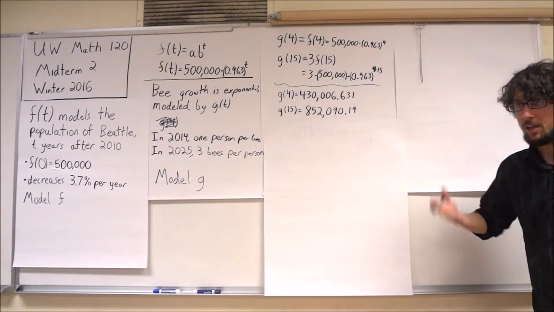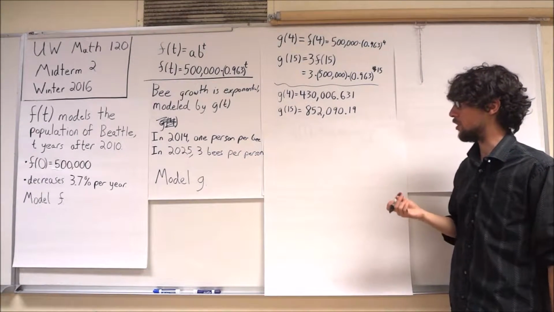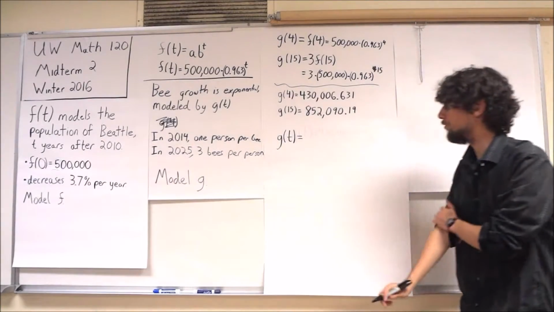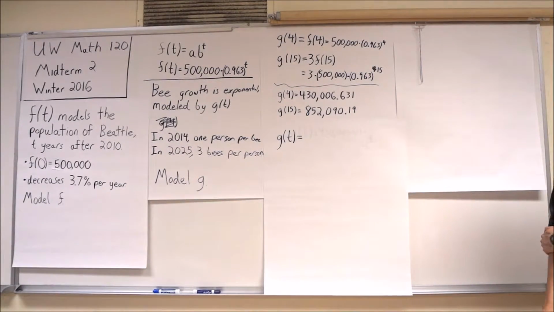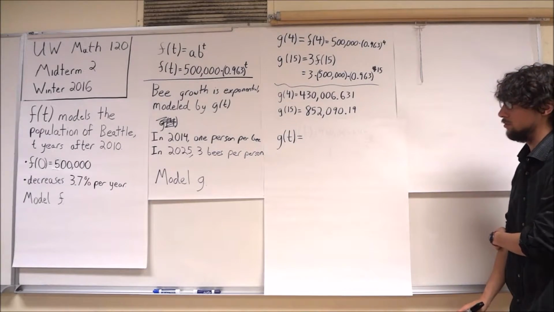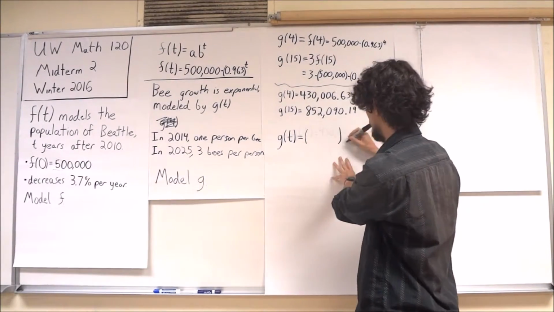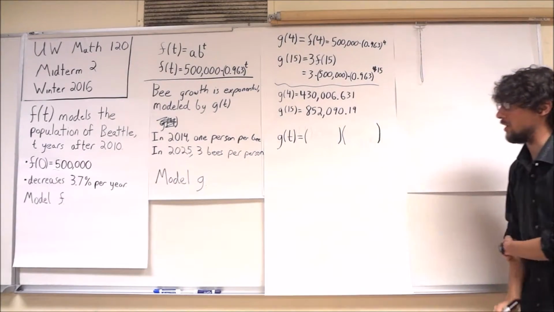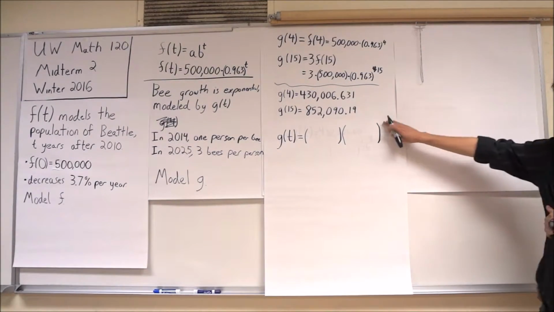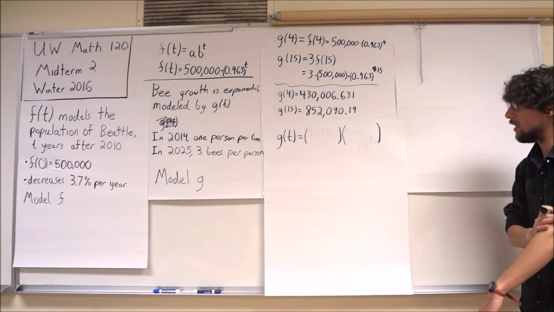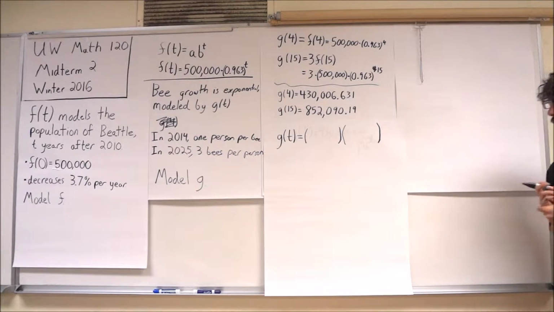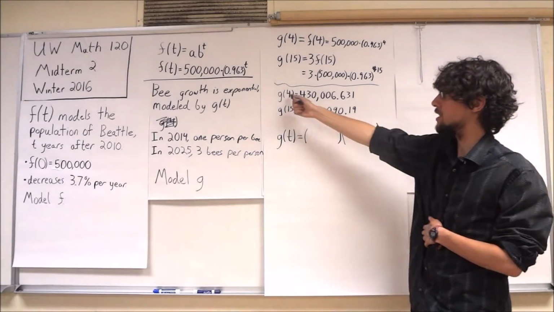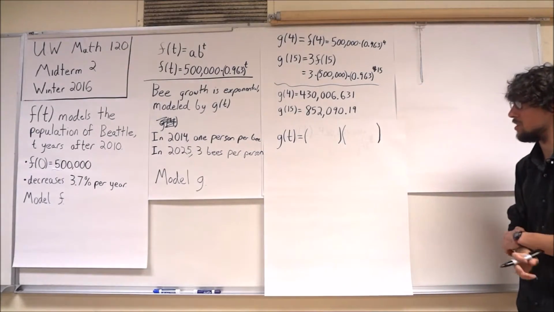Given this data, I can really just write down the solution quite explicitly. So what I find is that g of t is going to be equal to some coefficient here times some base here to some exponent here. I'm going to choose the exponent to behave in a kind of peculiar way, or a kind of clever way, maybe. I'll choose the exponent so that when I plug in t equals 4, my exponent becomes 0.